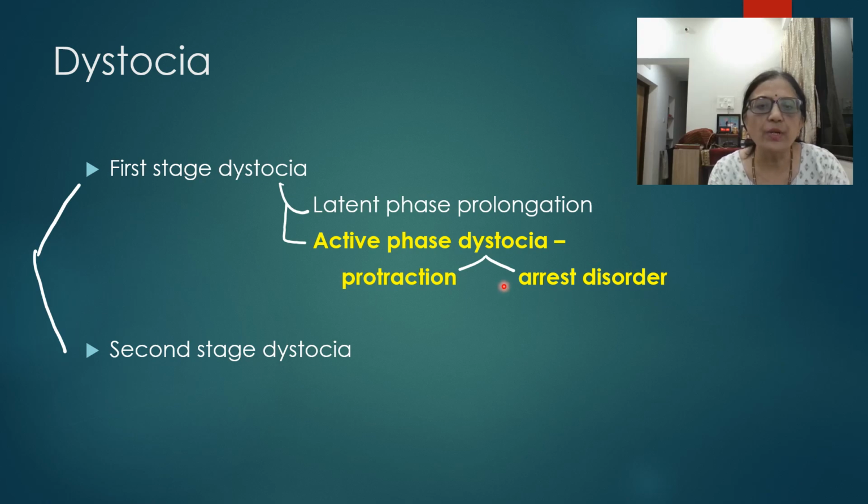This is the most important slide. Students should remember how we divide dystocia, because accordingly we diagnose and treat dystocia. So either it can be first stage, in first stage it can be latent phase or active phase. In active phase itself, either it can be protraction, that is a slow progress of labor, or there can be arrest disorder where there is no further progress at all.